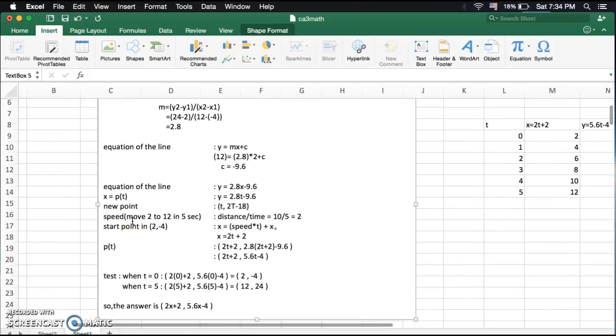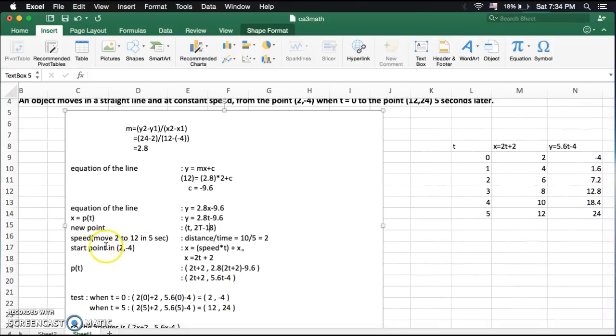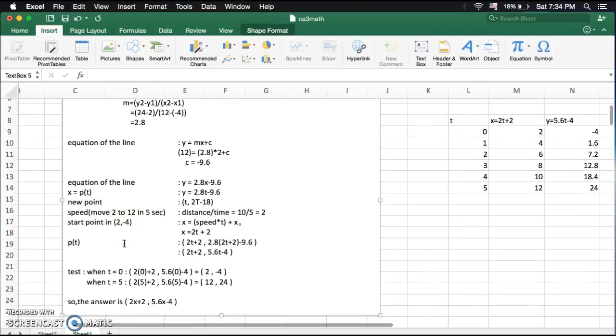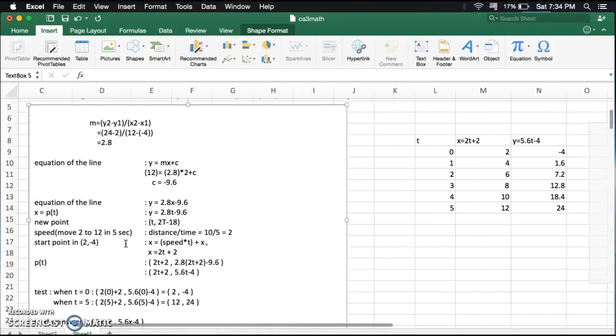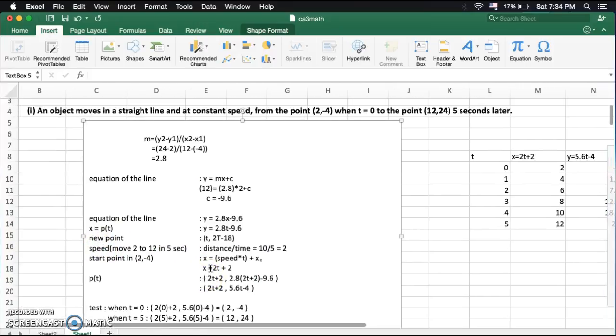To know the point moving from 0 to 5 seconds, to find the parametric equation, we need to find the speed of moving.